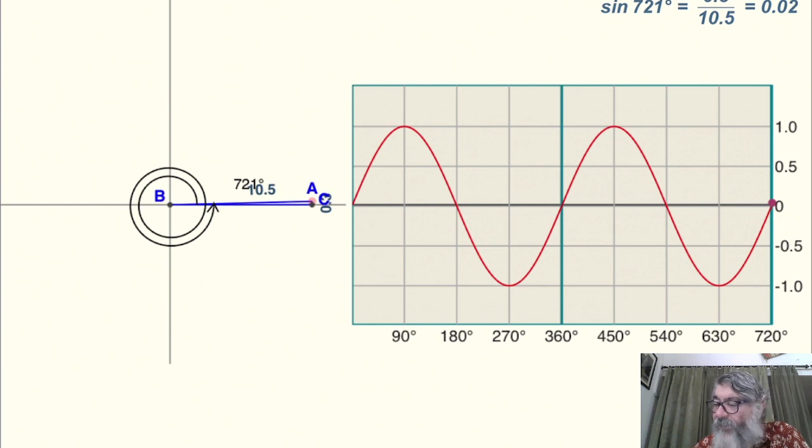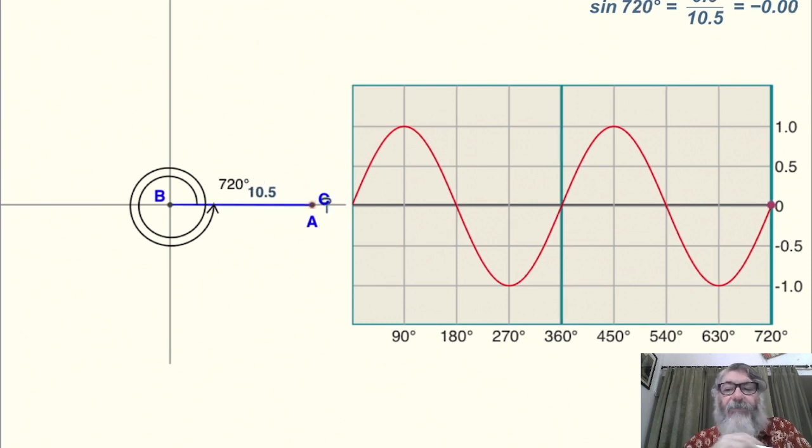From 360 to 720 again the same thing is repeated. So same graph exactly. You keep cut and paste, cut and paste, and you'll keep getting the graph. So this kind of graph is called periodic function, because sine is a function.